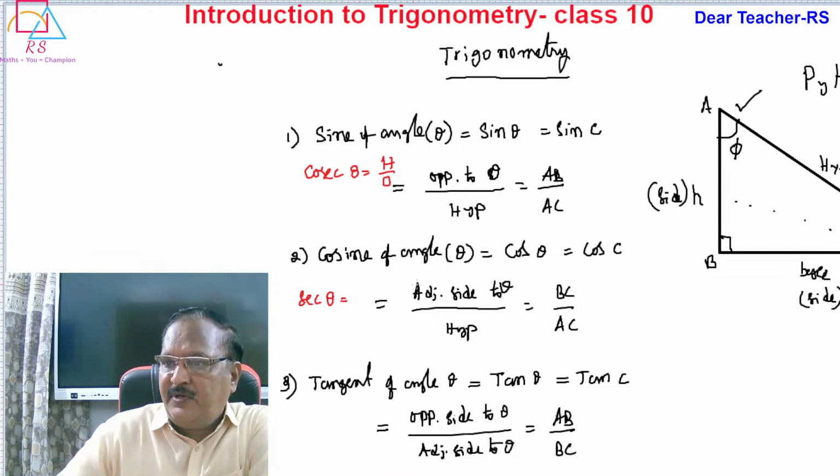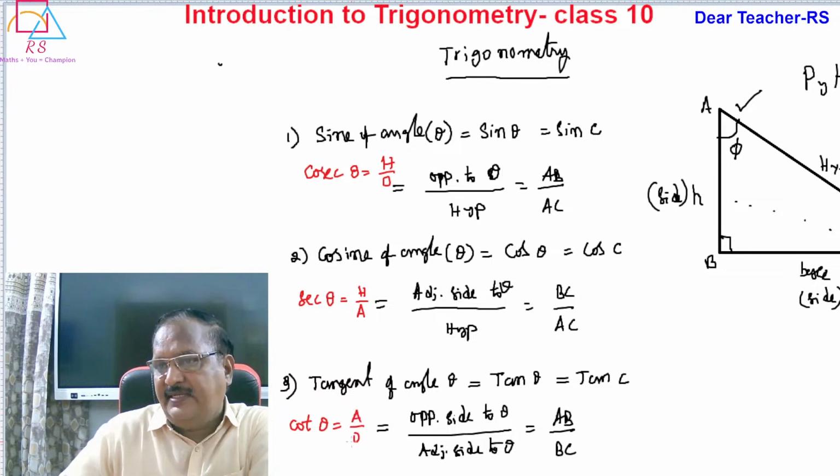So the reciprocal ratio is hypotenuse upon adjacent side. Now here I will write the reciprocal ratio of tangent. This is cotangent. Simply I will write cot theta. It is adjacent side upon opposite side.